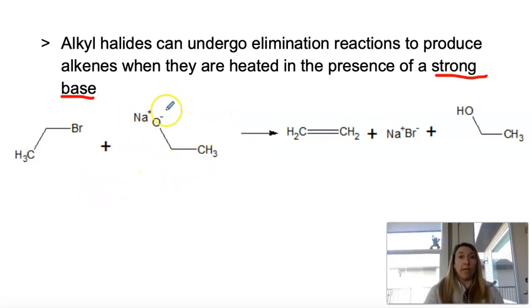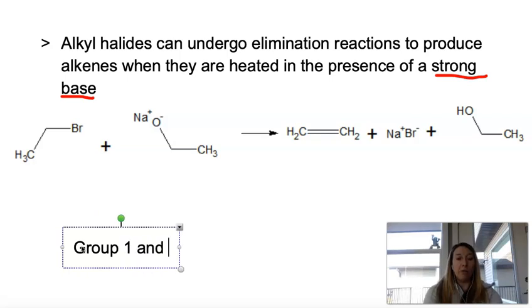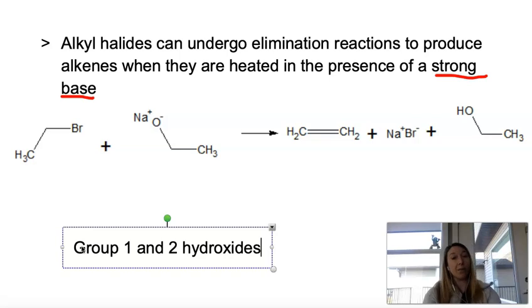Right here is an example of a strong base. That's not generally one of the ones we talk about, right? Normally when we talk about strong bases, we are talking about group 1 and 2 hydroxides, like sodium hydroxide, potassium hydroxide, barium hydroxide. Those all count as strong bases.